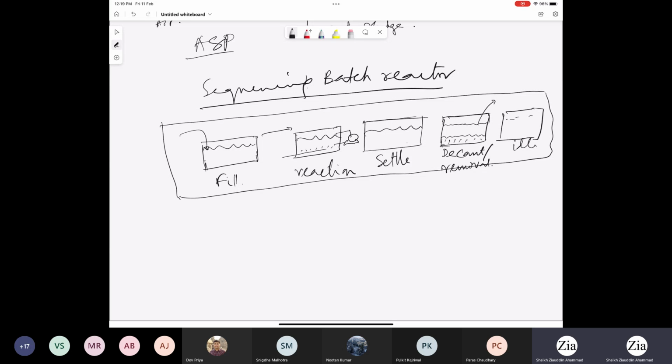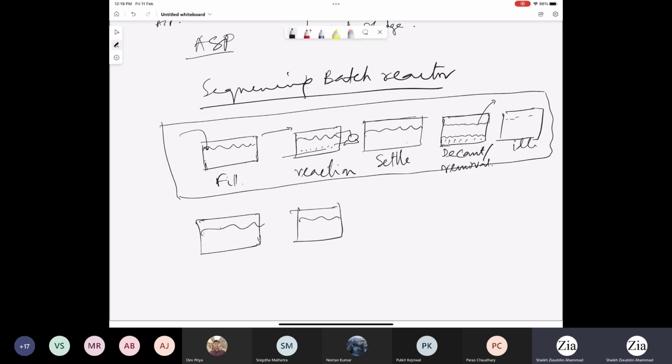So in a sequencing batch reactor, you have the option to do this operation. Suppose you're taking two batch reactors. When one is in the filling condition, the other one can have the next stage. First you fill the first reactor, and then the second reactor as well.